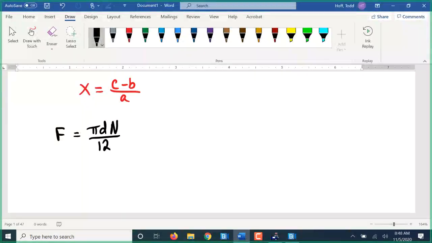A lot of our formulas that we use in machining need to be rearranged to make them more useful for us. Like this one here, this is the surface cutting speed formula for turning. Where N, of course, is your RPMs.